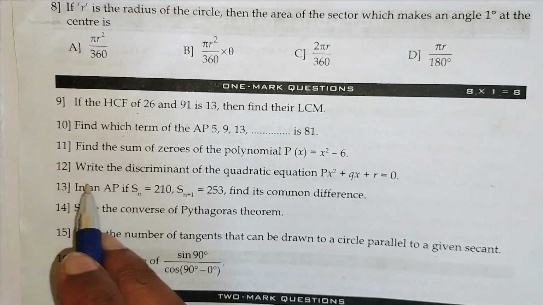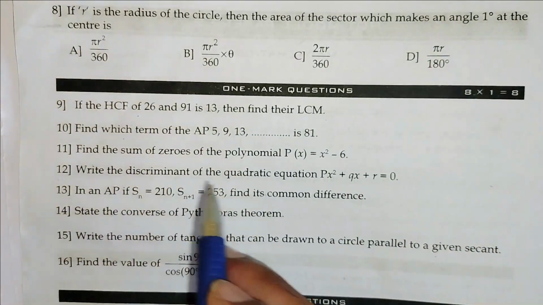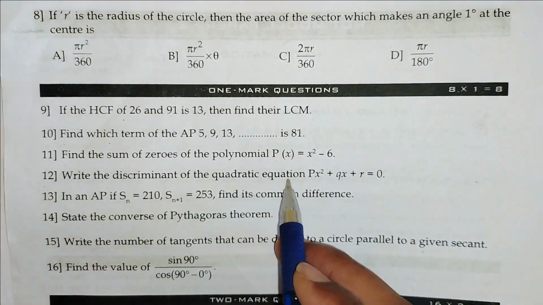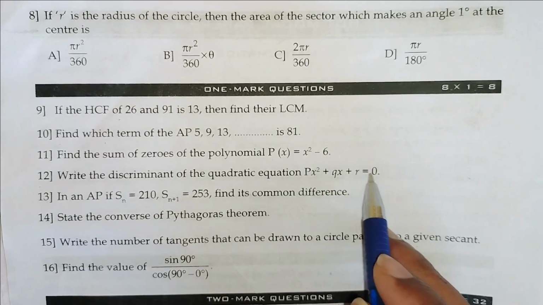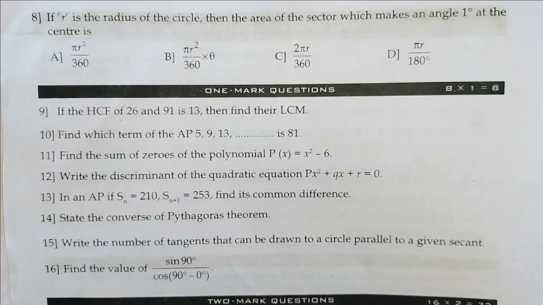The 12th question: write the discriminant of the quadratic equation px square plus qx plus r equals 0.